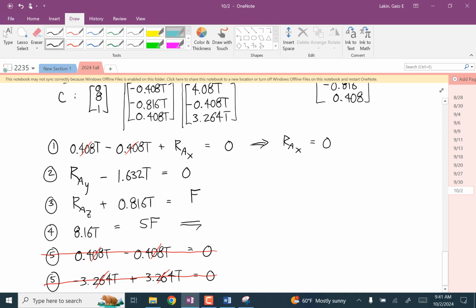This one says t is equal to 0.613f. Okay, everything is going to be in terms of that f.